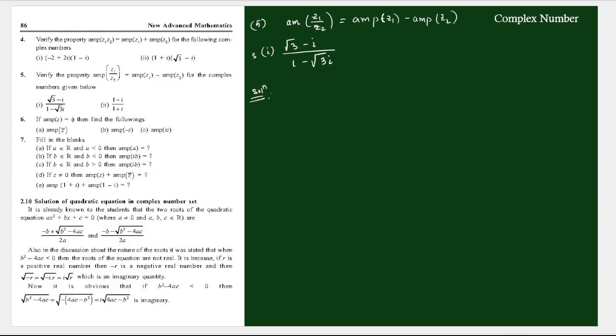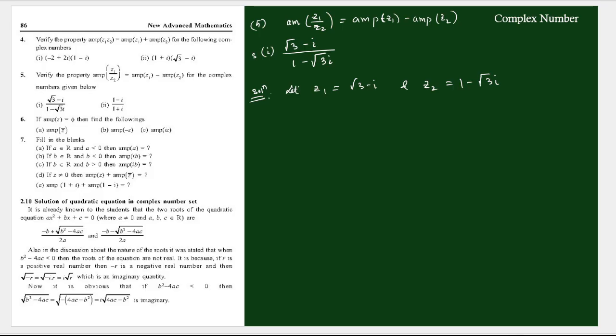Root 3 minus i. चलो let z1 root 3 minus i and z2 1 minus √3i.